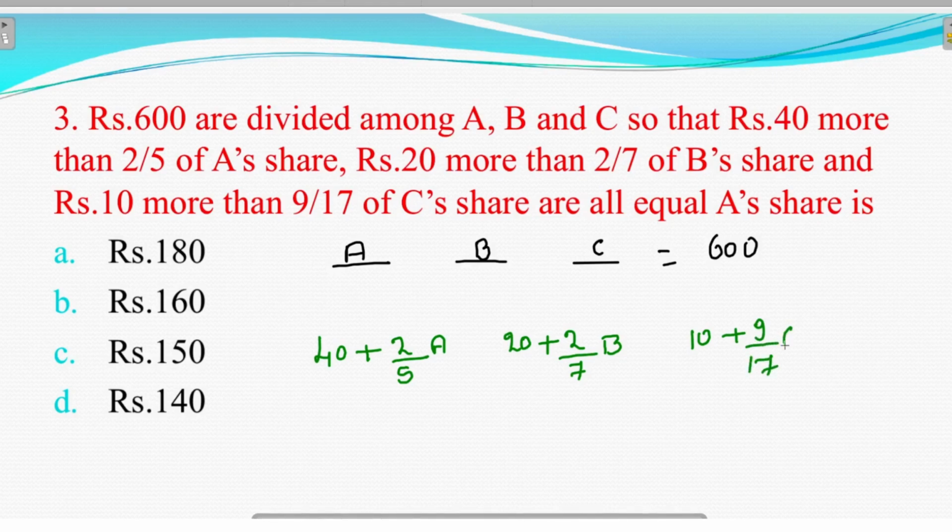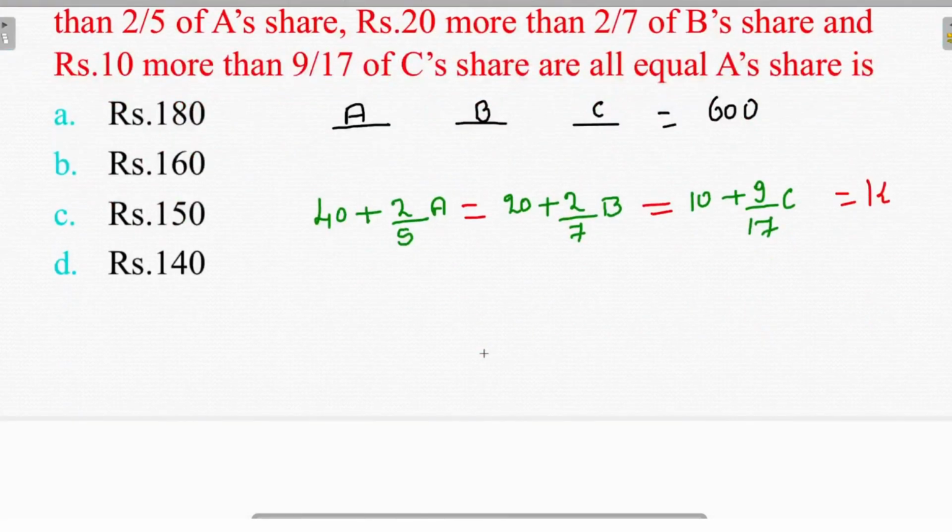If I do this, everyone has equal. I am assuming everyone has K rupee. Then this is equal, this is equal. Now I can write this equation like this. K minus 40, K minus 40 means this is equal to K. K, that I can write it 5 by 2 of like this.